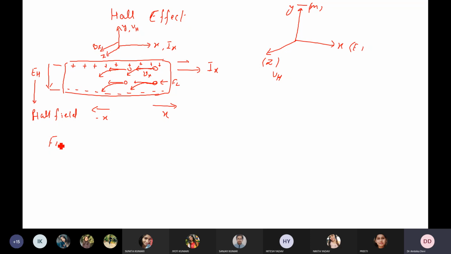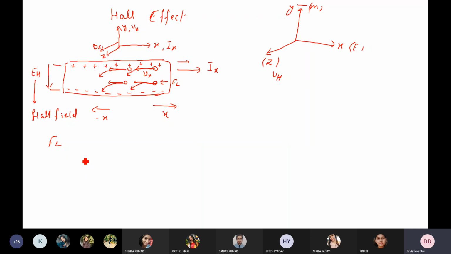You might have done this experiment in the laboratories in your previous classes, and then you might have calculated the value of the Hall field, as well as the Hall voltage, the Hall coefficient, mobility, and free charge concentration. So basically the purpose of doing this experiment in the laboratories is to find out the concentration of free electrons, the mobility of the charge carriers, and the Hall coefficient.